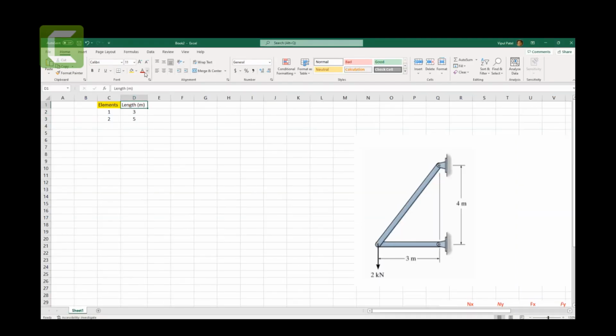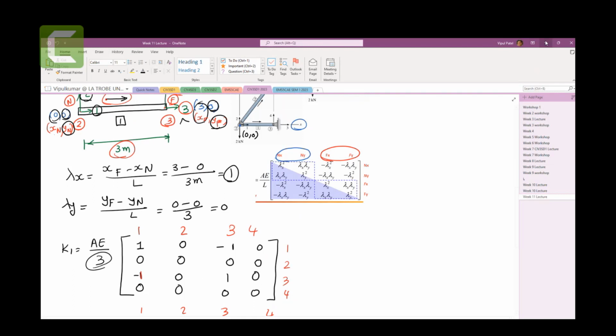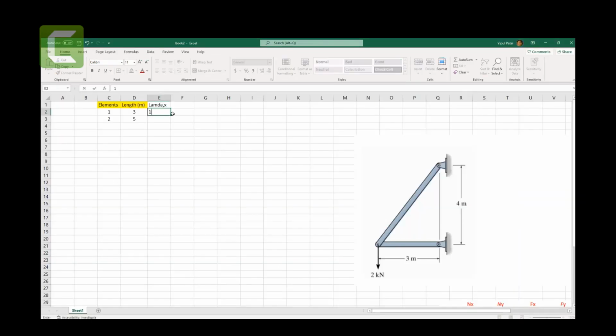Now we can do the coordinates as well. So now we can do lambda x straight away. You remember for element number 1, lambda x was 1 and lambda y was 0, right?